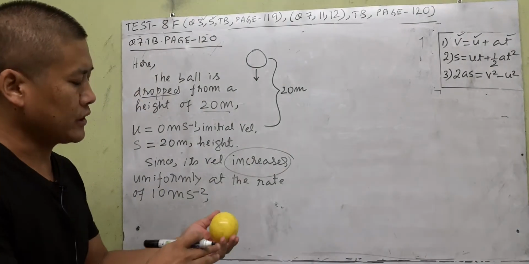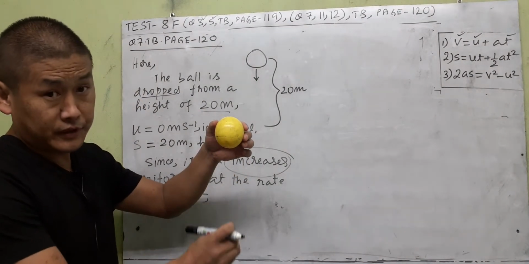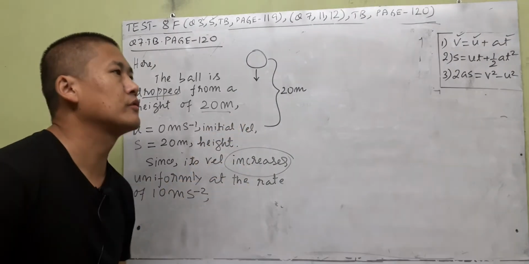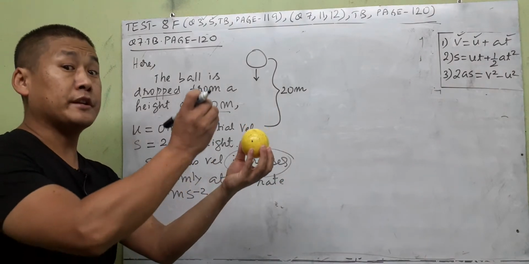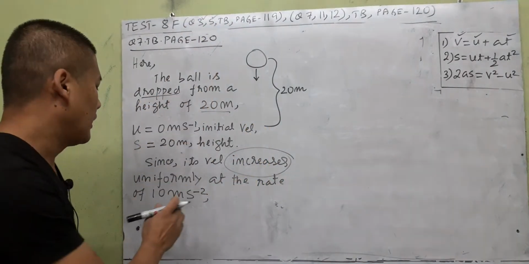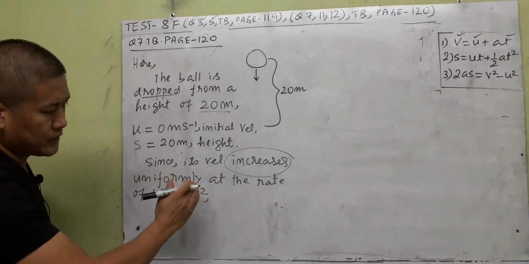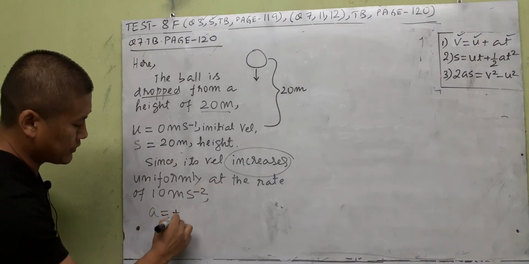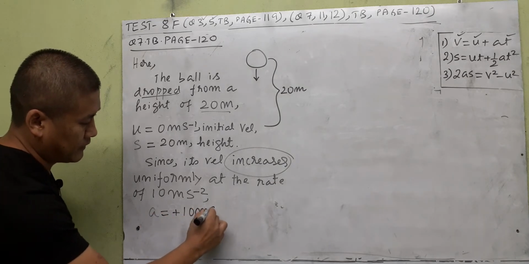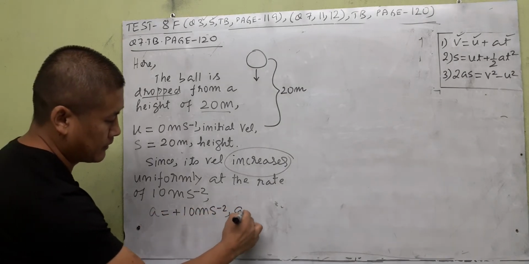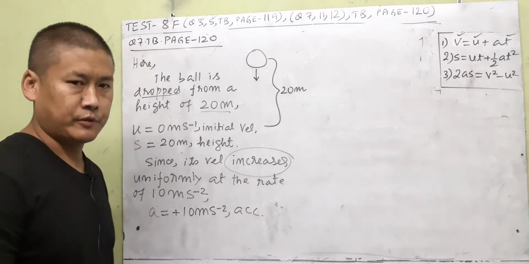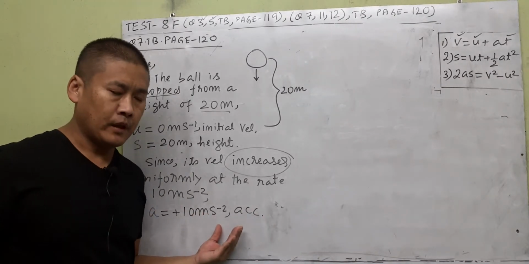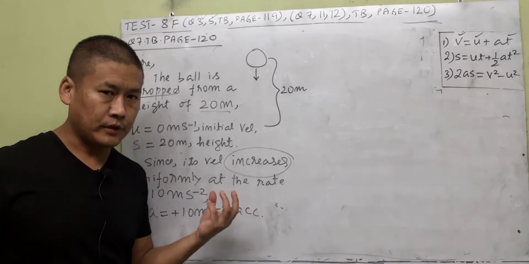For an object that is dropped, velocity always increases along the way. For an object thrown upwards, velocity decreases along the way, right? So for any object in which velocity increases, acceleration is always positive.